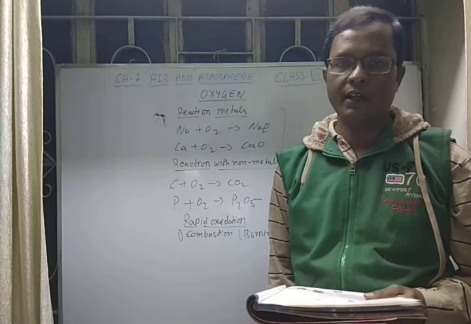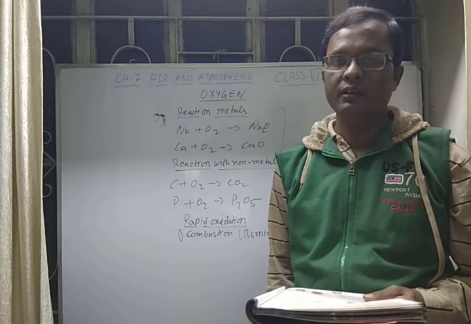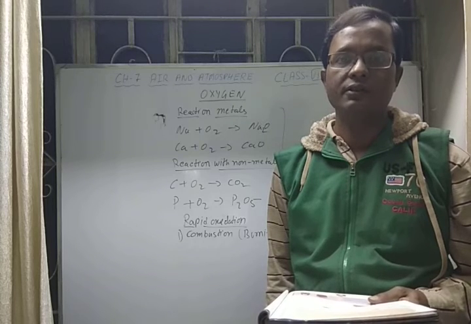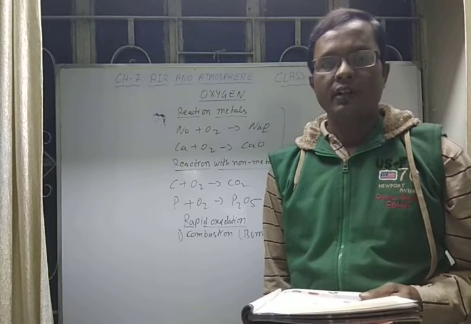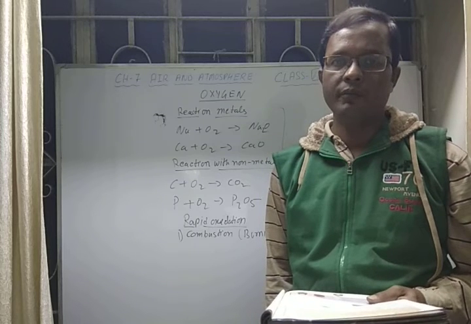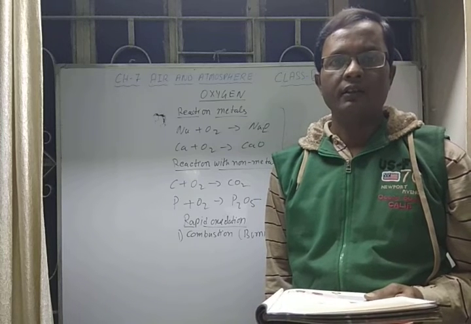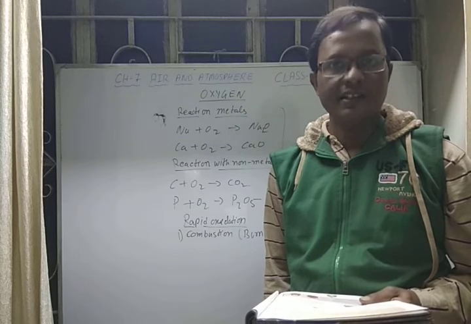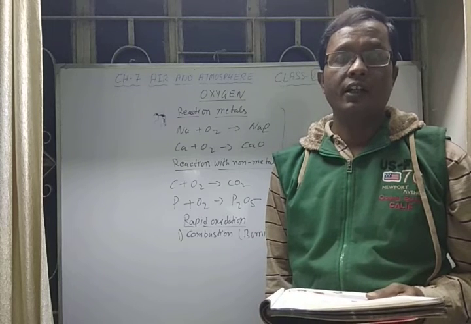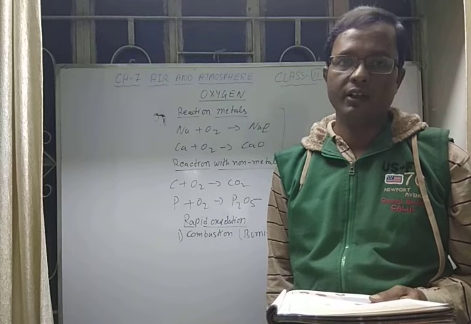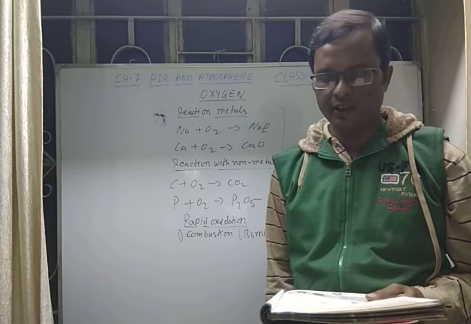Plants also respire, all of you know, at night, because at night plants cannot prepare their own food as there is no sunlight. At that time, what do plants do? They take oxygen from the atmosphere and oxidize the stored food to produce energy and carbon dioxide, and they release carbon dioxide.